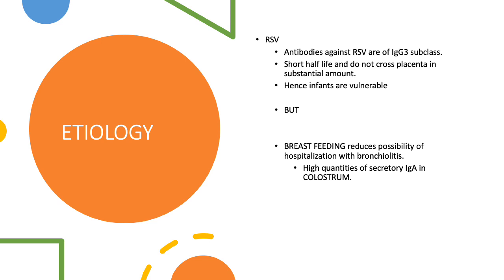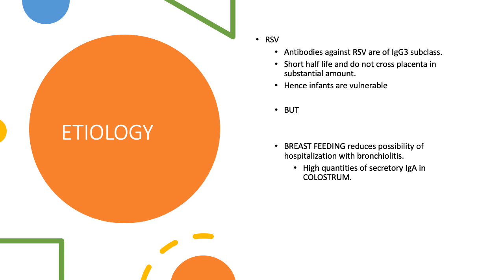So protection against respiratory syncytial virus is mediated by antibodies of immunoglobulin G3 subclass. These antibodies have a short half-life and do not cross the placenta in substantial amount, so as to offer protection to the infant. And because of that, infants are vulnerable to RSV infection since birth, because they don't have protective maternal antibodies in significant amount.